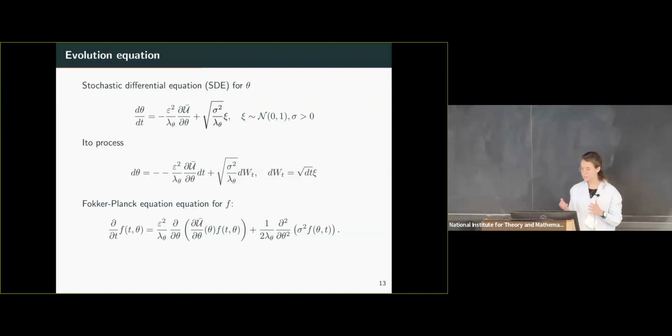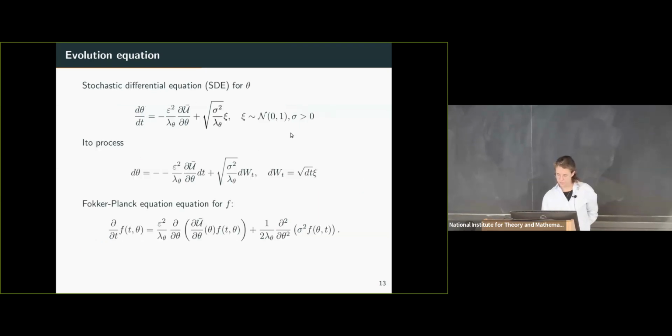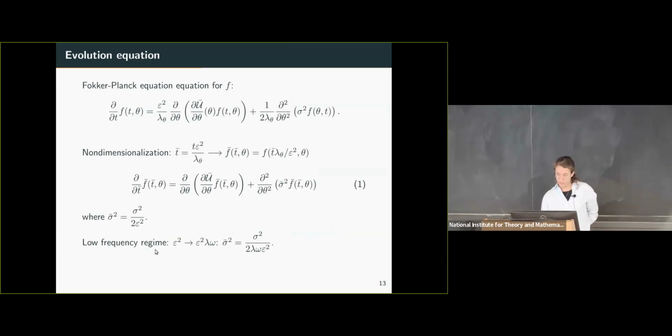So how does this Fokker-Planck behave with respect to our data? Well, we took this and we non-dimensionalized it, with respect to the reorientation time and to the strain, and we saw that this was our non-dimensionalized Fokker-Planck equation, where now the diffusive effect is given by sigma, which is, sorry, the noise in your SDE, divided by the strain.